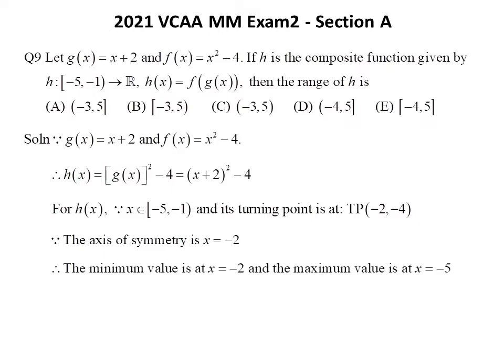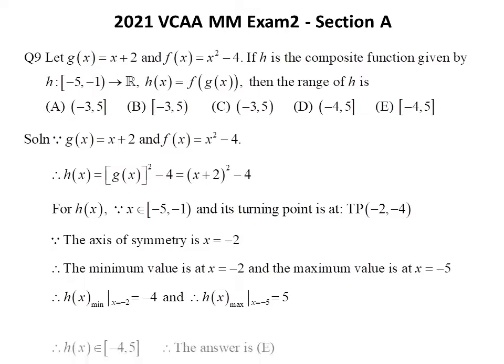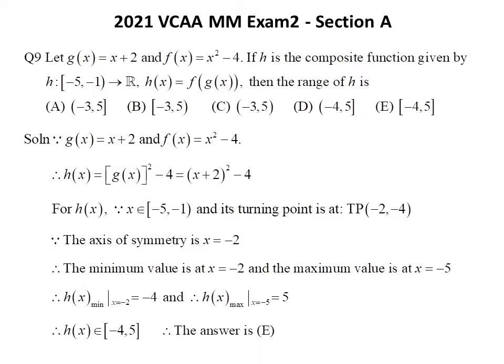Hence, h of x reaches its minimum when x equals -2 and reaches its maximum value when x equals -5. Accordingly, we calculate the minimum value of h of x, which is -4, while the maximum value of h of x is 5. Therefore, the range of h of x is the closed interval -4 to 5. So the correct answer is E.